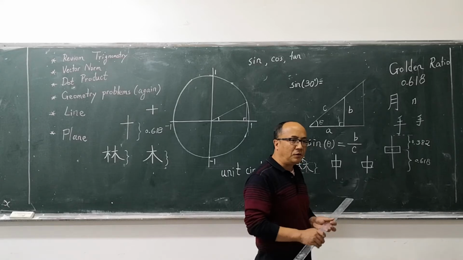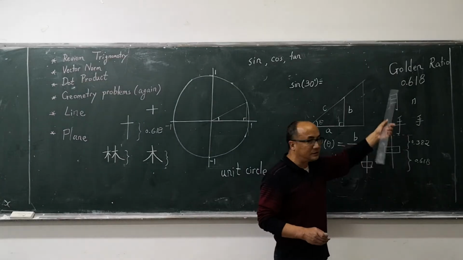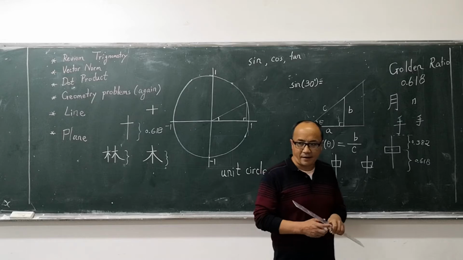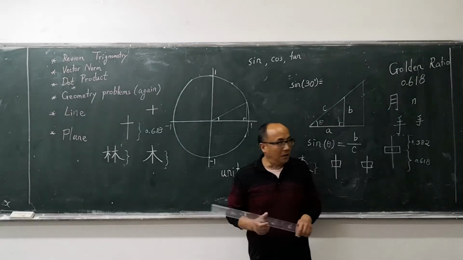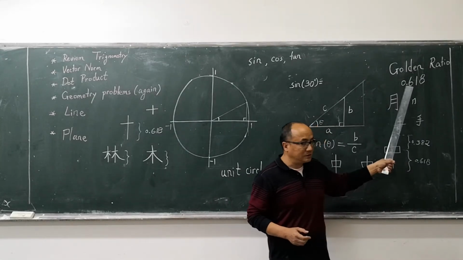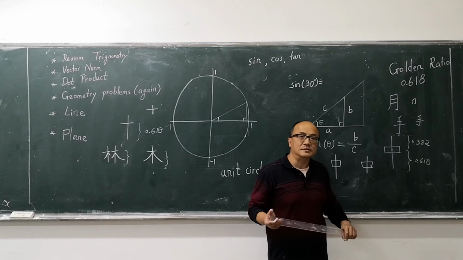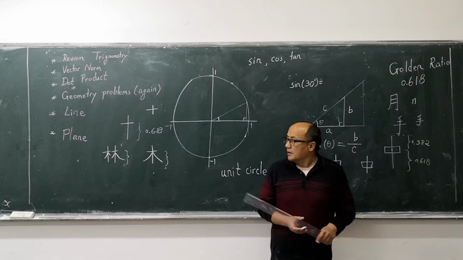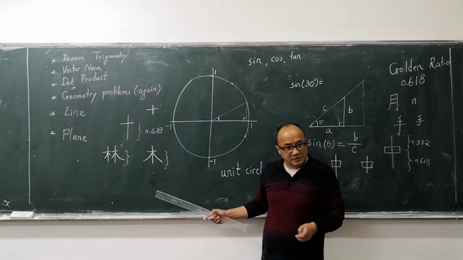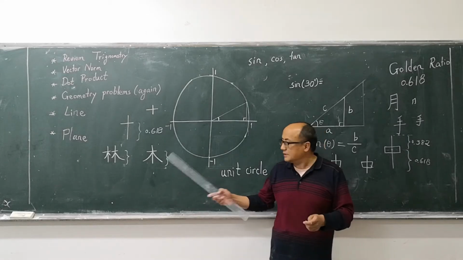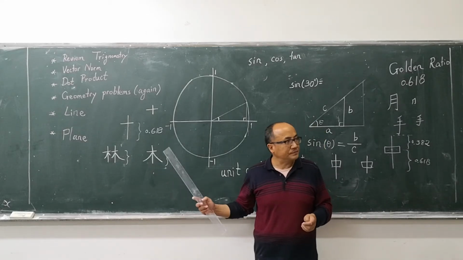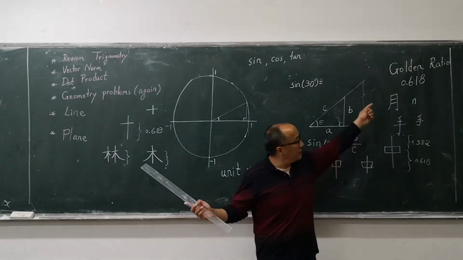And Chinese people apparently don't know this. The Chinese are not good with math, to be honest, not good with this Western science. But through many years of practice, they came to the same conclusion.